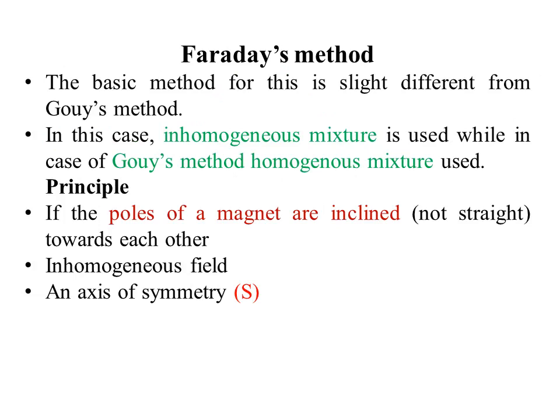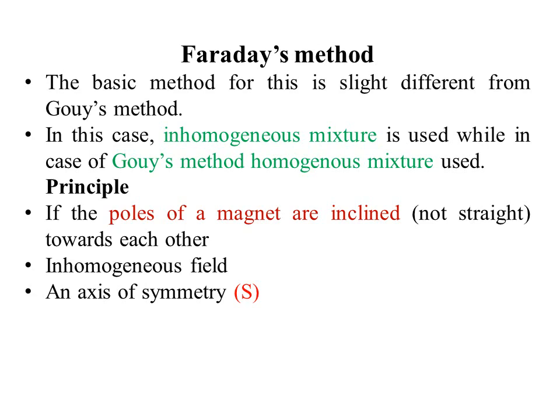Now, at last, we are going to switch to the second way of measuring magnetic susceptibility, that is Faraday's method. This is a basic method that is slightly different from Gouy's method. In this method, an inhomogeneous mixture is used, while in Gouy's method, a homogeneous mixture is used.